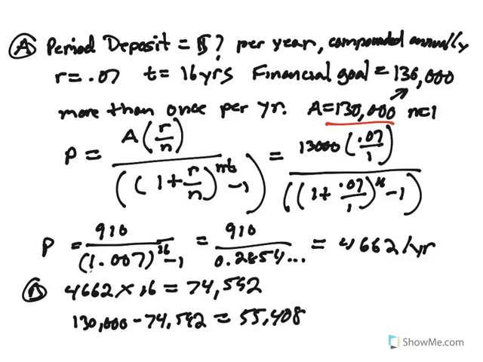Okay. So therefore, $74,592 of this 130 comes from the deposits. All right, so this comes from the deposits.